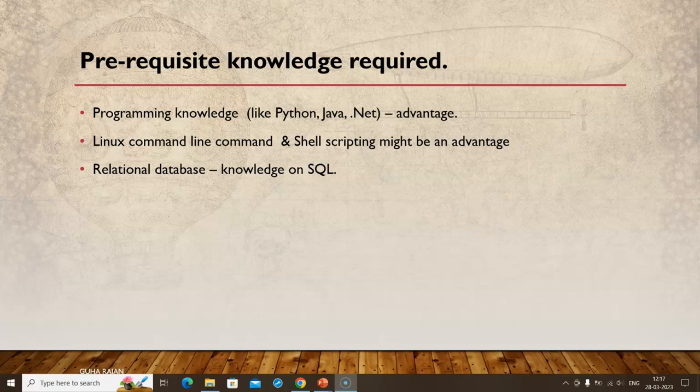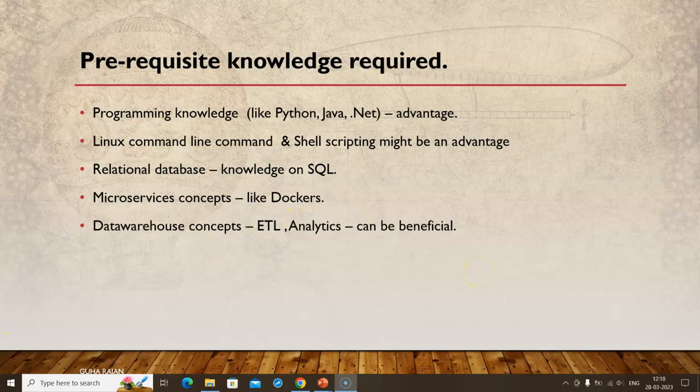Relational database, knowledge of SQL will be beneficial. How SQL works in the relational database will be beneficial. And then microservices concepts like Dockers will be beneficial. And then data warehousing concepts like ETL and analytics can be beneficial.